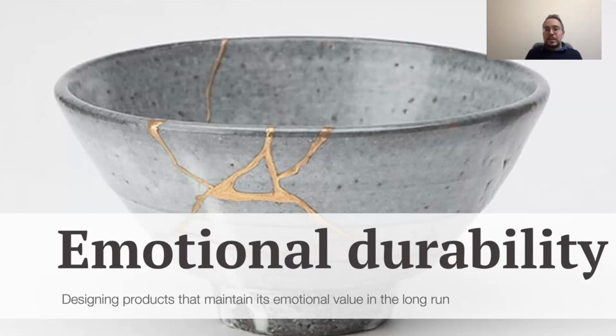Sometimes, even though the material is durable, if the user feels that this product is old and broken, they might discard it. Emotional durability is addressing that need. For example, there's this Japanese art form called kintsugi. You take a broken vessel, and by using glue and gold and precious metals, you repair it and create a totally different, unique piece that can be cherished by its users.